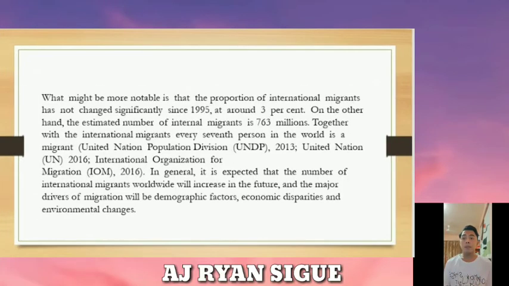What might be more notable is that the proportion of international migrants has not changed significantly since 1995, at around 3%. On the other hand, the estimated number of internal migrants is 763 million. Together with the international migrants, every 7th person in the world is a migrant.